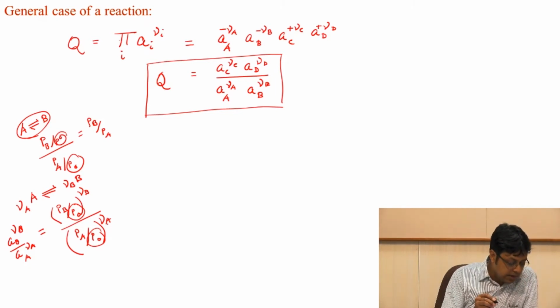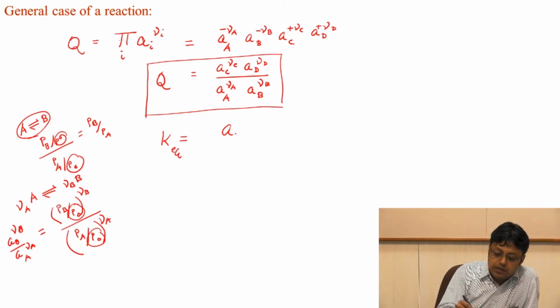So we can say that Q is this, and then what will be K? Already we know that K is nothing but the equilibrium constant. We wrote it as K equilibrium. So K will be the same activities but at equilibrium.